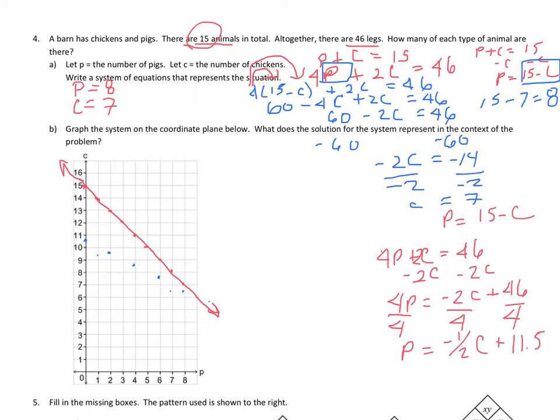I'm sorry about that. I put that at 10.5, so where I want to be is up here at 11.5. Down 1 over 2, down 1 over 2, and so on. So here's my line.